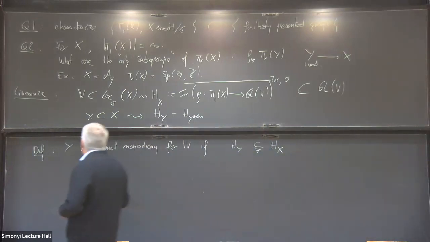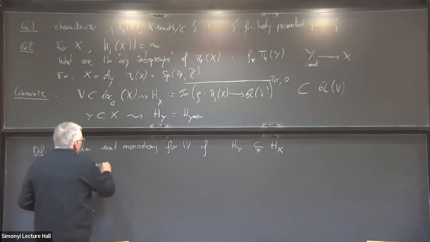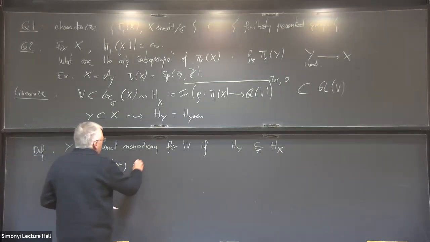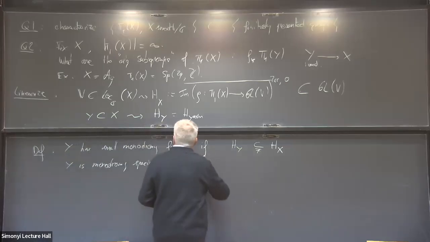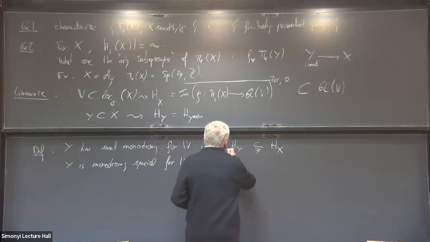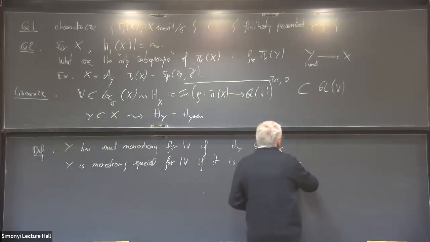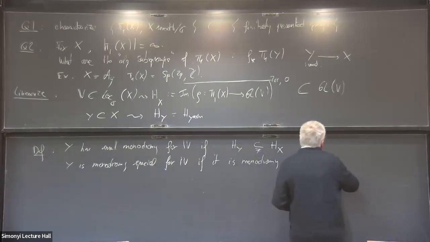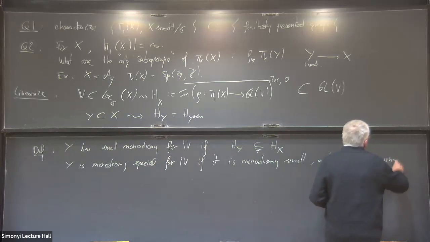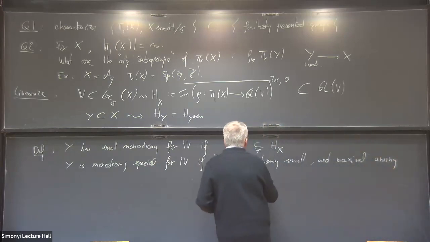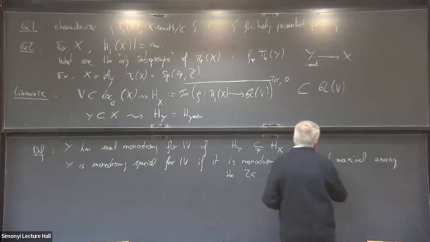More precisely, you can also say that Y is monodromy special for V if it is monodromy small and maximal among the Z's such that H_Z is equal to H_Y.